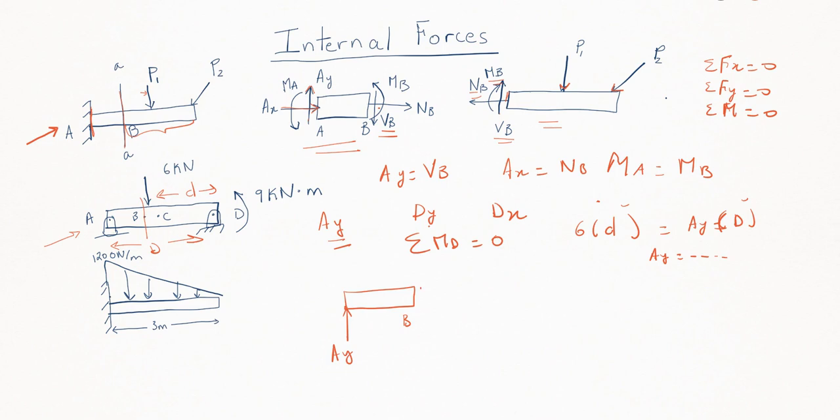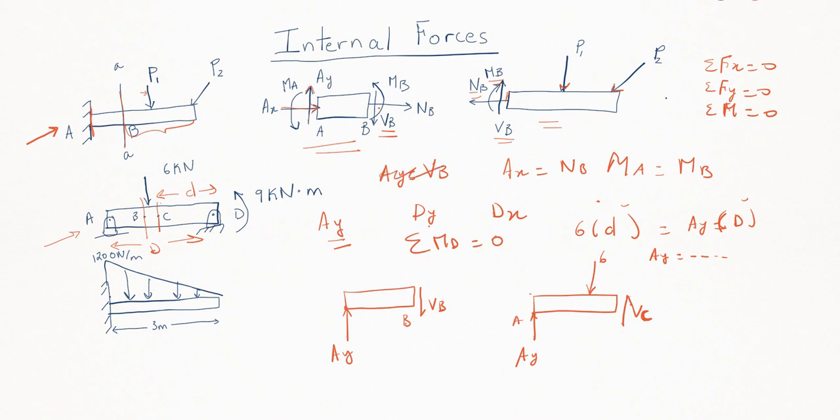We're gonna get VB, and the same thing if we wanna keep going at C. Now we have AY, we have 6 over here, and then at C we have, let's assume it's on the upward.